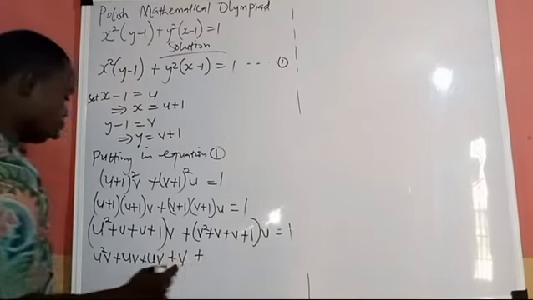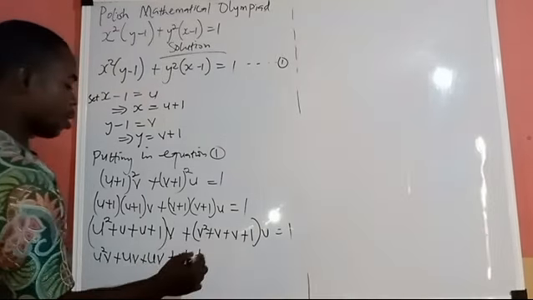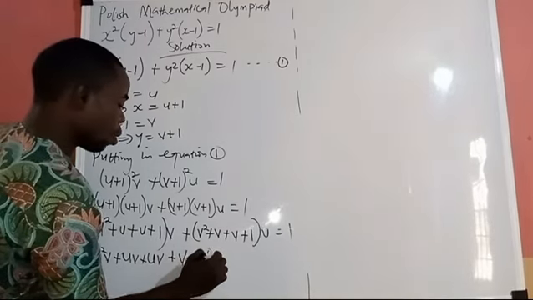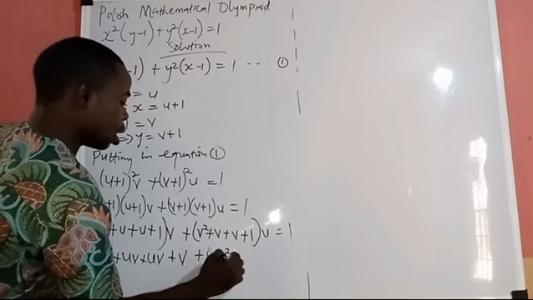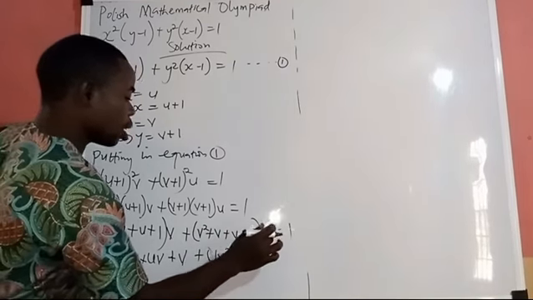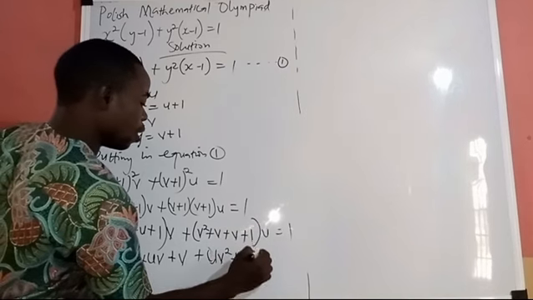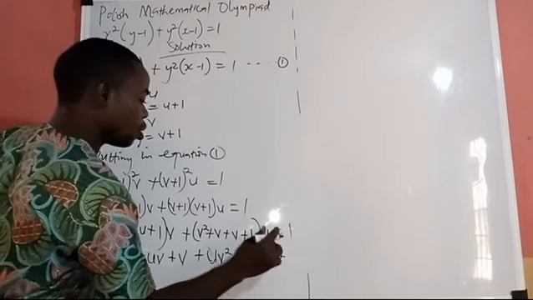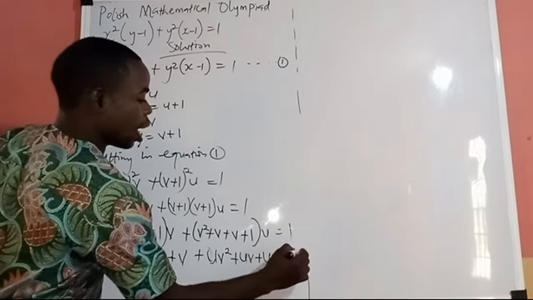And then let's also simplify this one further. This is uv squared plus u times v will also give us uv, plus u times v will also give us uv, and then plus u times 1 will give us u, and it's all equal to 1.